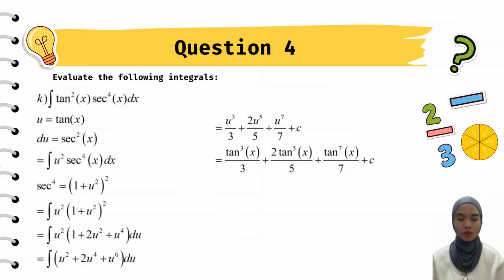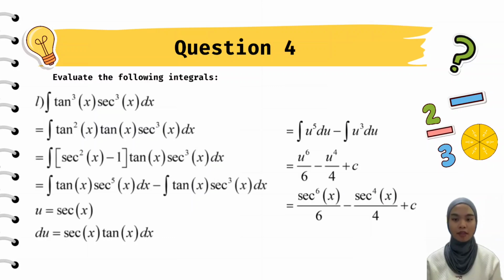And we can get u^3/3 + 2u^5/5 + u^7/7 + c. And the final answer is tan^3(x)/3 + 2 tan^5(x)/5 + tan^7(x)/7 + c.